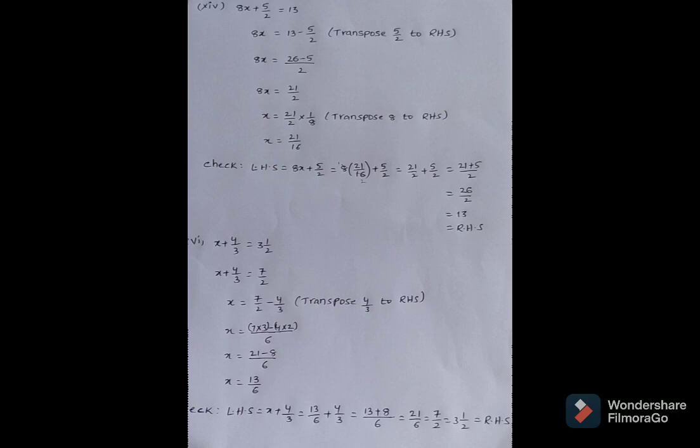When we multiply two fractions, we multiply numerators by numerators and denominators by denominators. 21 into 1, 21 by product of denominators 2 into 8, 2 8s are 16.